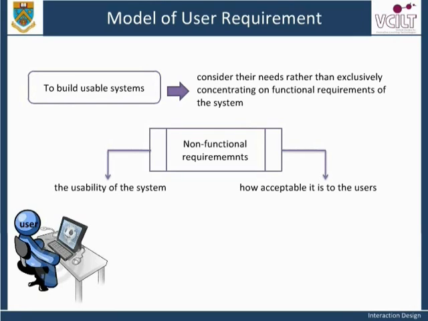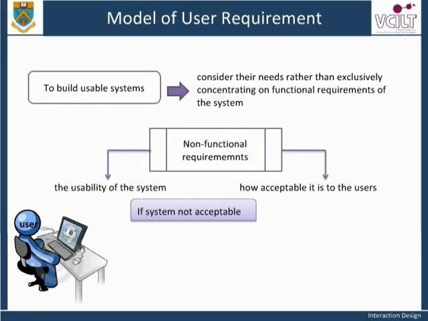Let's have a look at an example. The introduction of an automated ordering system at a restaurant may not be acceptable to the users, waiters, if it requires them to spend a large proportion of their time interacting with it, rather than interacting with restaurant goers.